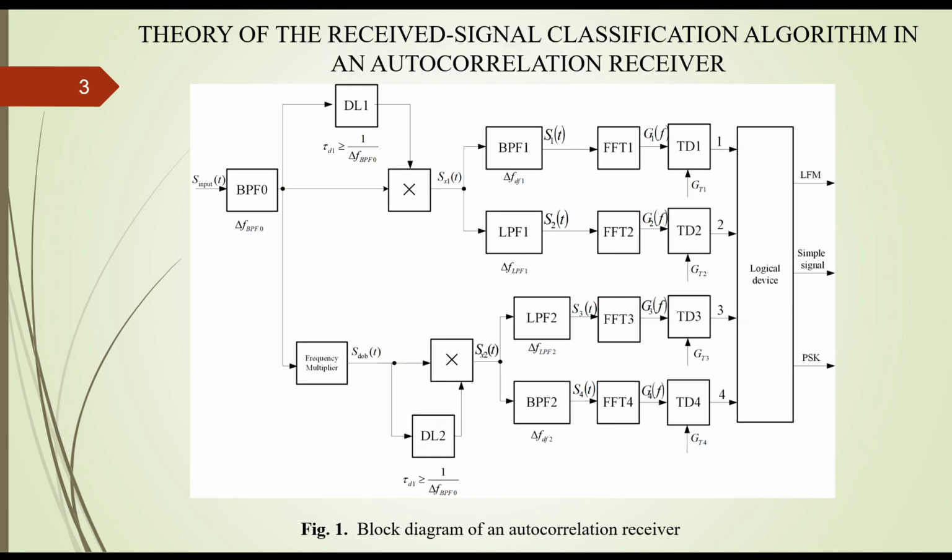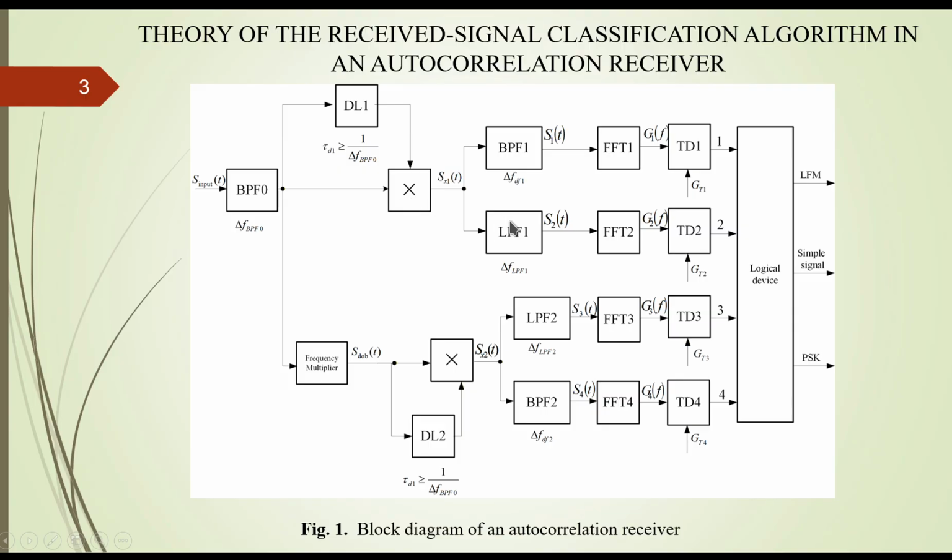Figure 1 shows the structure scheme of the autocorrelation receiver. To determine the modulation type in the autocorrelation receiver, the following steps are performed. First, multiply the signal with its delayed copy.